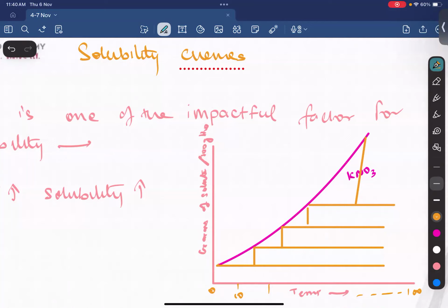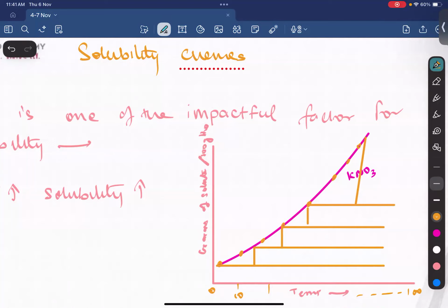Each point we plot. When we join all the points, we will see there is a curve. Curve means a line which is not straight, which is curvy, a little round.